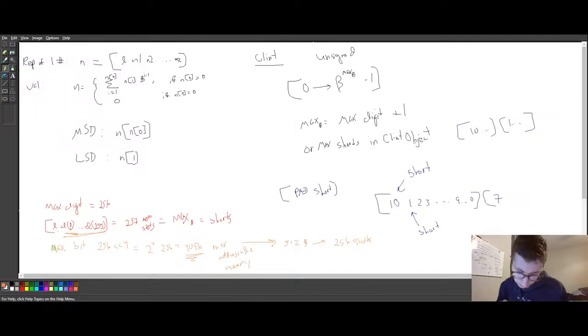So it's pretty cool. And then, of course, the last thing I'm going to mention here is if you want numbers that are bigger, you would define, he defined it as Clint double, and you just take 1 plus max digit, and you left shift 1.